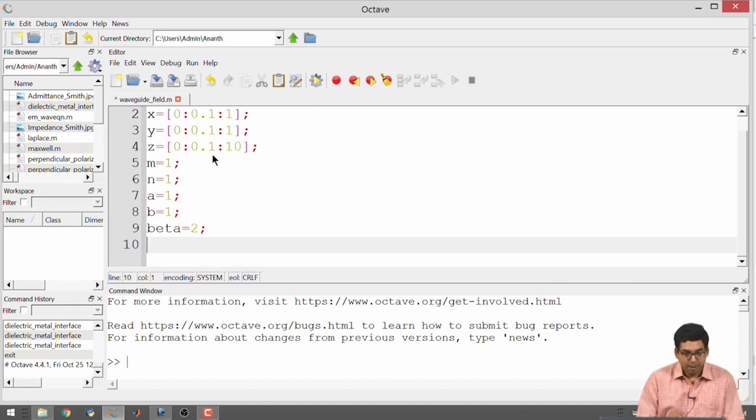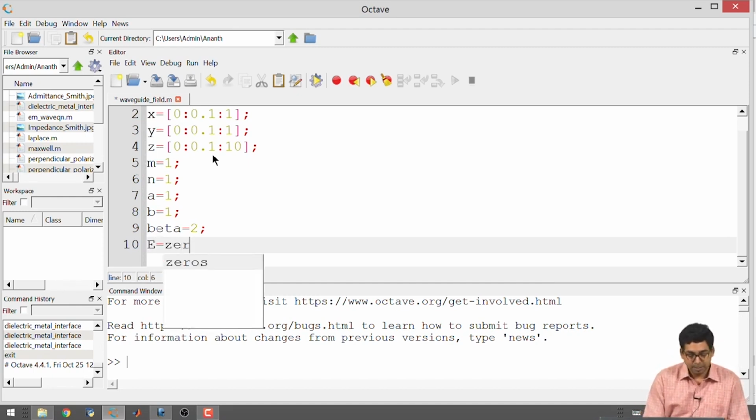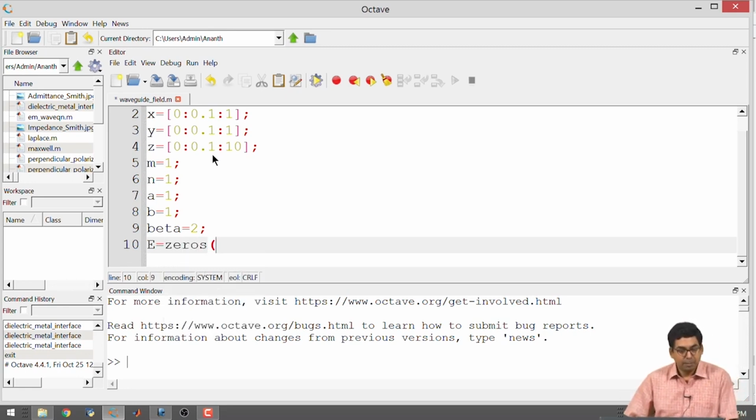Now, I need to calculate the electric field z component, but I will begin with zeros, alright. So, all I need to do is create a matrix, alright. The matrix will have 3 dimensions x, y and z, alright. So, I need to figure out Ez at a given x, y and z, what Ez looks like, that is all I want to find out, right.